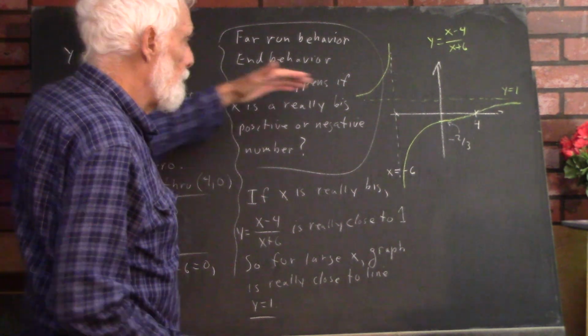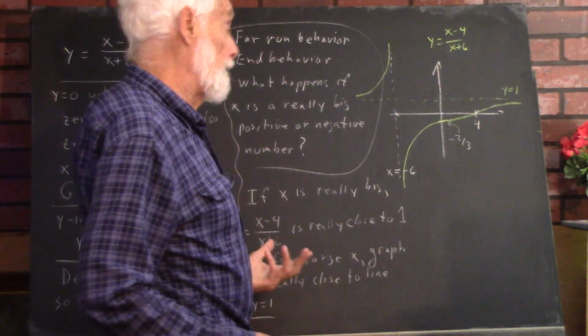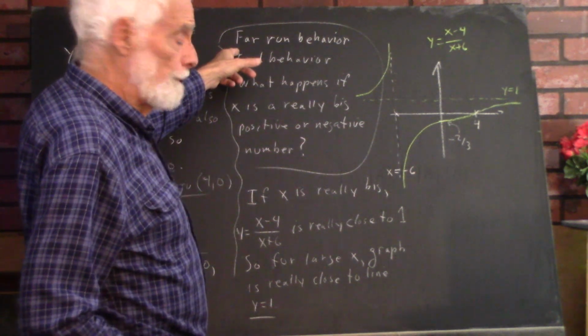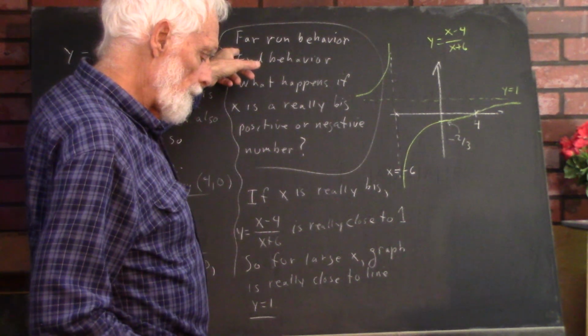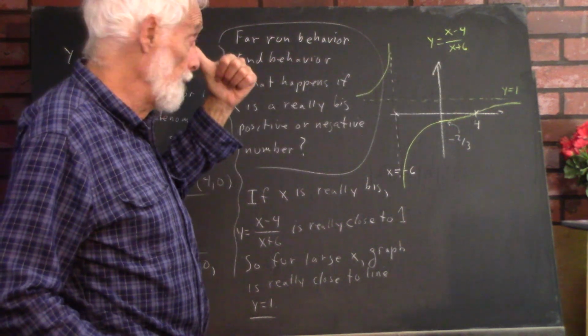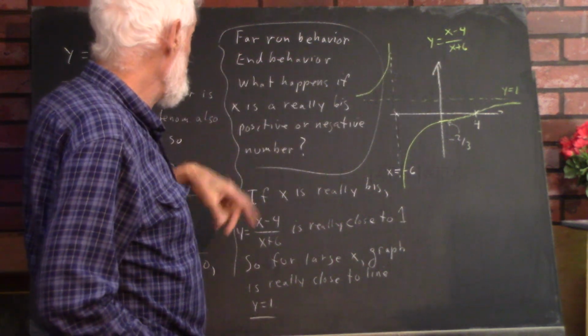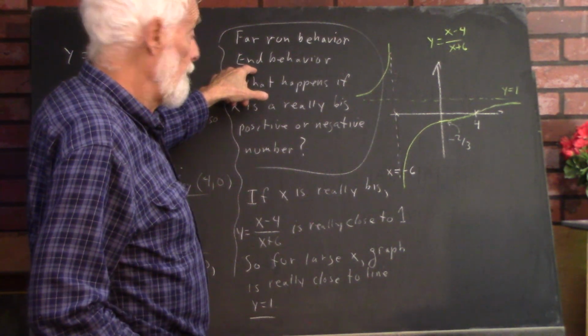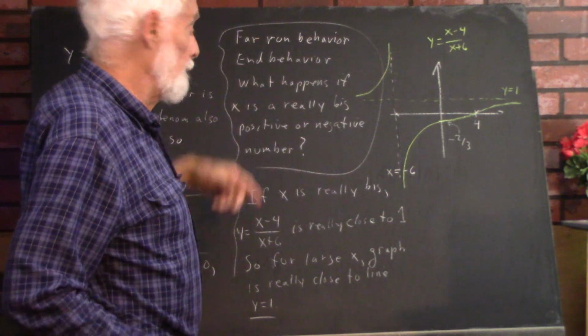The reasons for this y equals 1, I want to say a little more about that. The far run behavior, that's one term for what happens if you go way out that way or way out this way on the x-axis. You can call it the far run behavior. You can call it the end behavior. There are probably other names that I'm not thinking of right now.